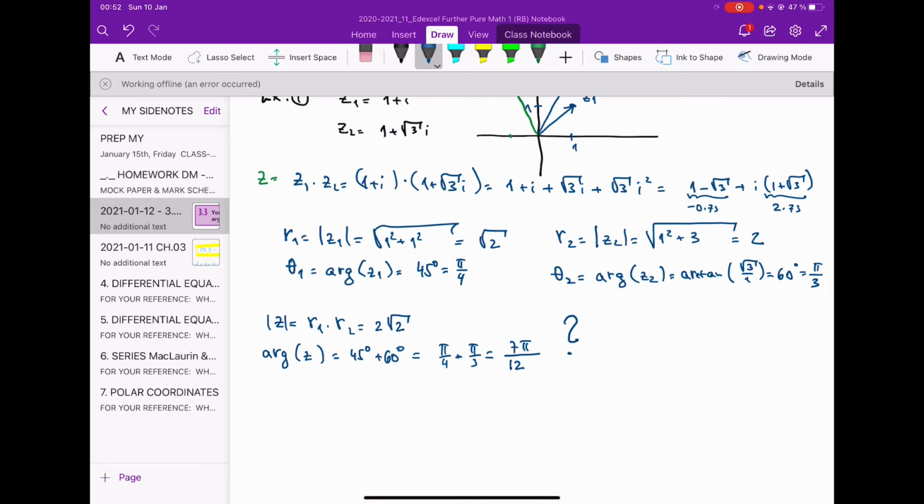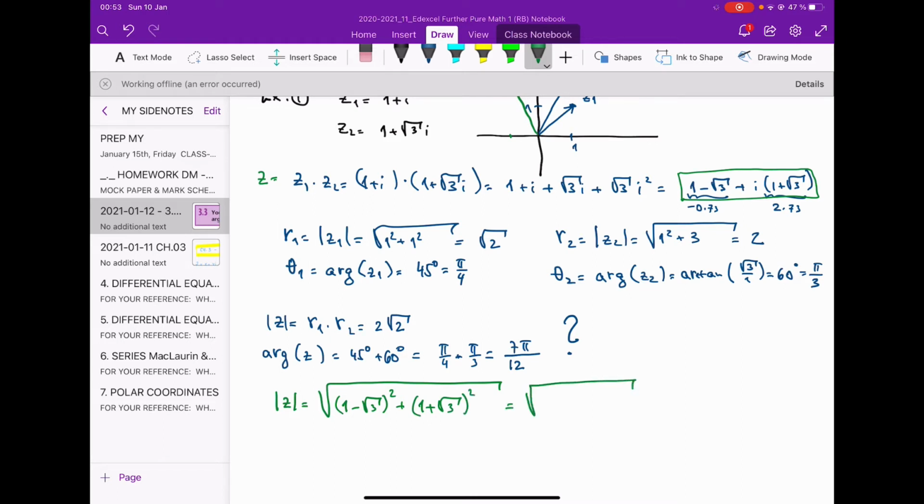Because I know what my Z is, this green one, I can find the modulus of Z: root of (1 minus root of 3) squared plus (1 plus root of 3) squared, which is root of 1 minus 2 root of 3 plus 3 plus 1 plus 2 root of 3 plus 3.